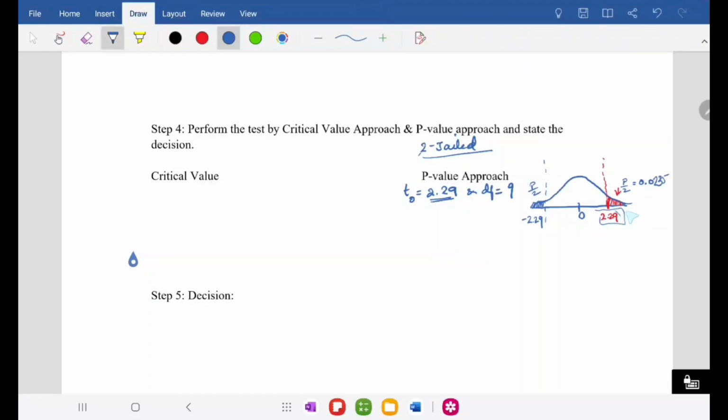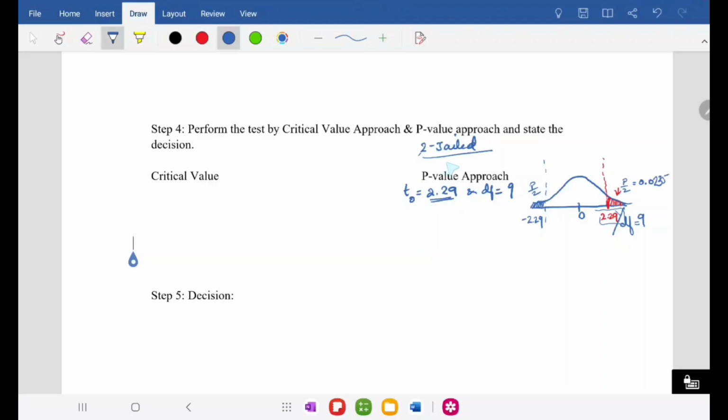And of course, it has to come with a df, because it's a t test statistic. It has to have a df, the df of 9. So when you are looking for the area, you have to put in the value of the df and also the value of t, and that'll give you an area of 0.0235.